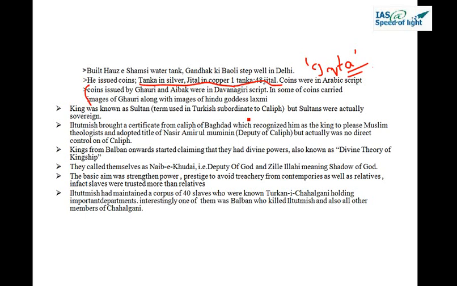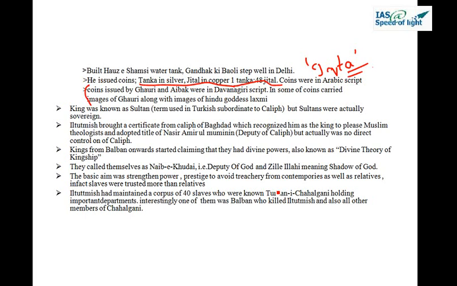We will see now, after Iltutmish, another great king who will come is Balban. Kings from Balban onwards started claiming that they have divine powers, and it's also known as the divine theory of kingship, which we will see. They used to call themselves the shadow of God, that is Naib-e-Khudai.